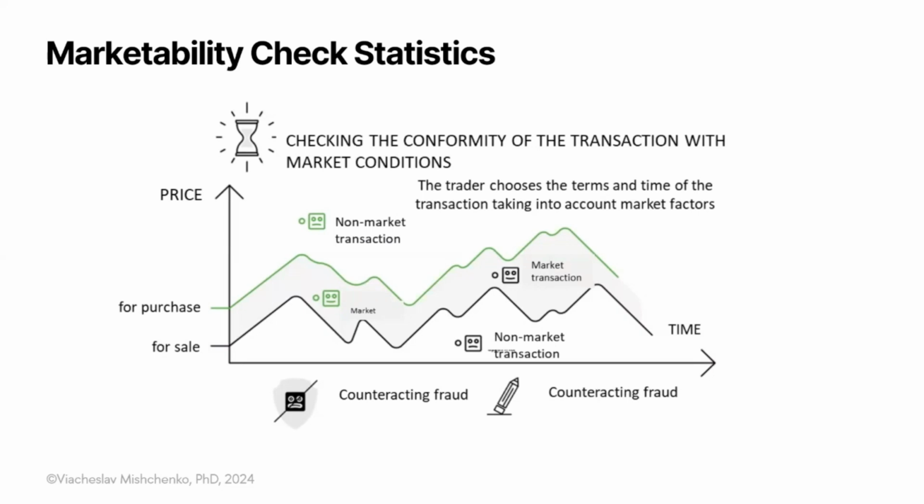Therefore, here we can look at two main things. First one is price, and the question is: is the transaction price in line with current market prices? The second issue is timing. And the question here is: was the transaction executed at a time that makes sense given market factors?